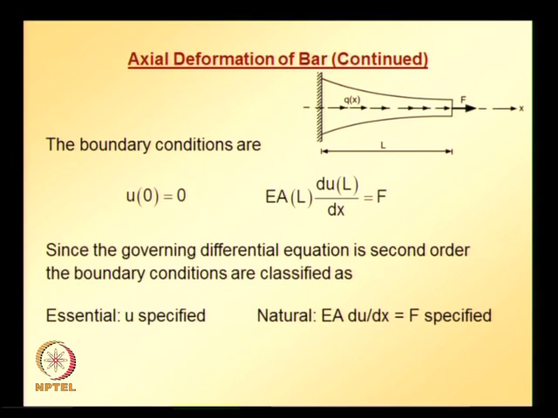And the second boundary condition, that is E times A evaluated at x is equal to L times derivative of u with respect to x evaluated at x is equal to L is equal to f, involves a first order derivative, and that can be classified as a natural boundary condition. So, the two boundary conditions can be classified as: essential, u specified; natural, E times A times derivative of u with respect to x equal to f specified.